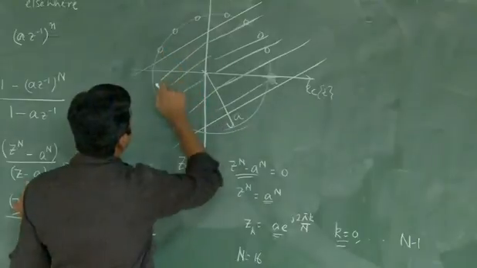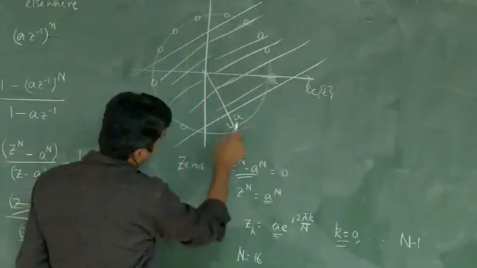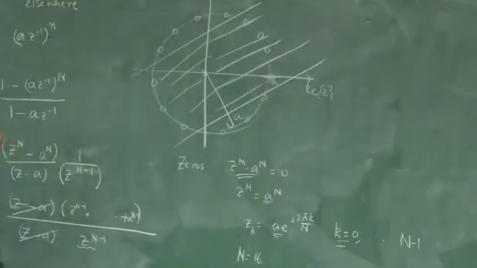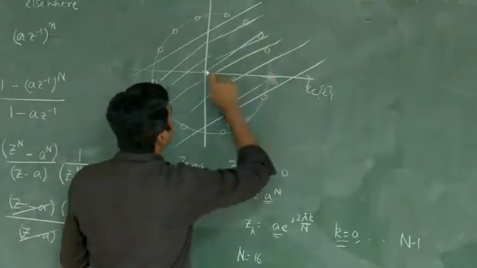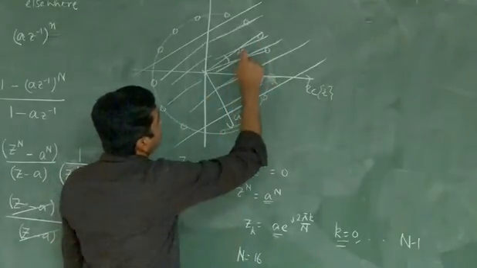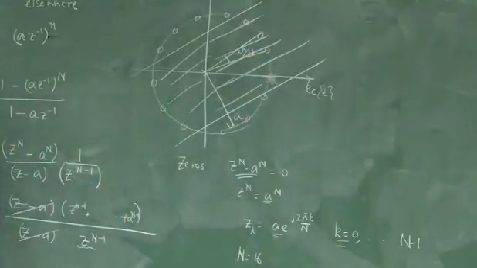And the rest of the zeros are going to lie on this circle with radius A. And what is the angle here? 2 pi over n. Okay? Is that clear? All right.